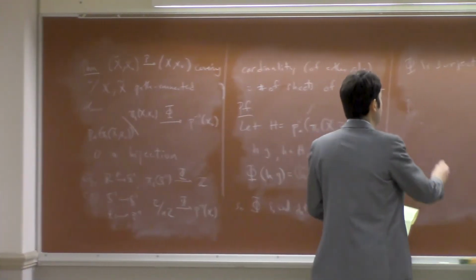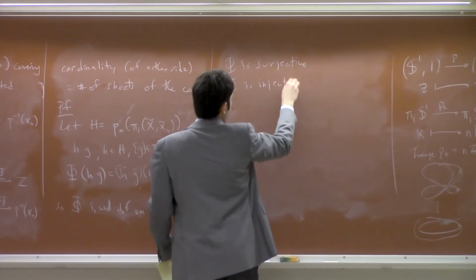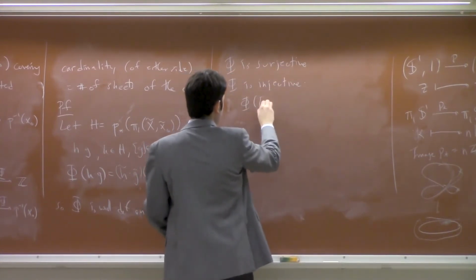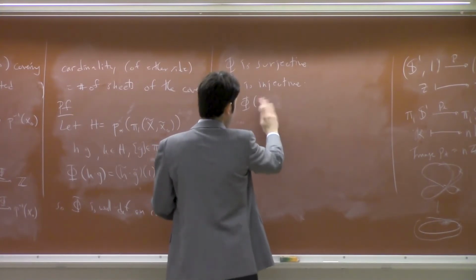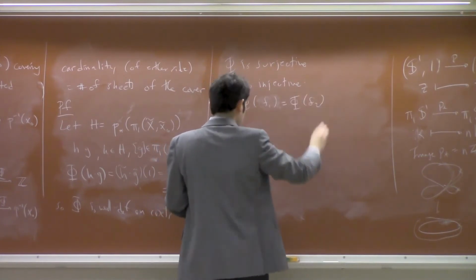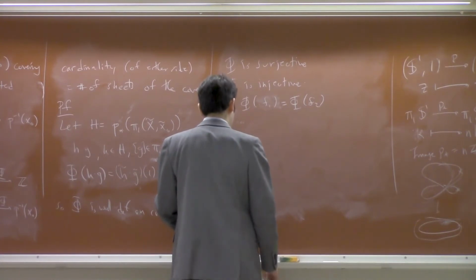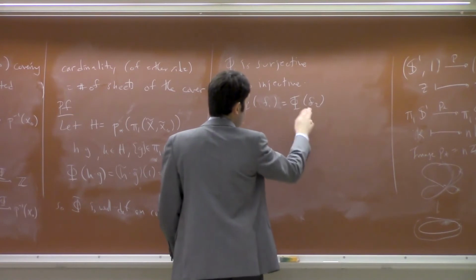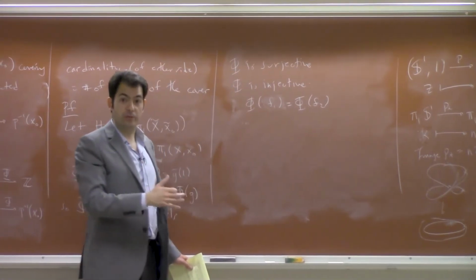To see that it's injective, well, assume that you have two cosets. Don't worry about the cosets. You have two loops, and when you lift them, you get the same endpoint upstairs, right?